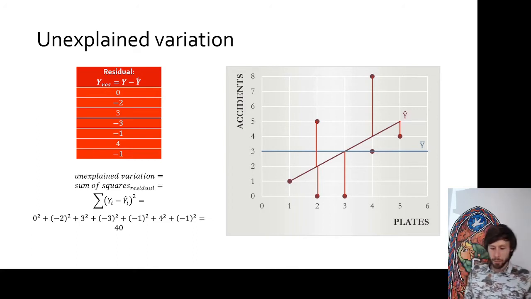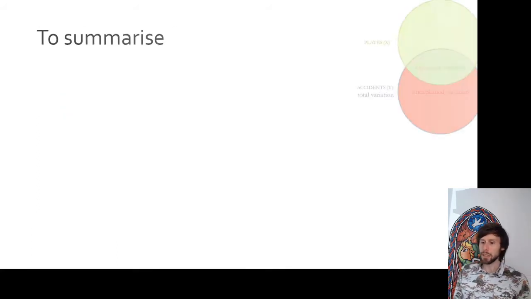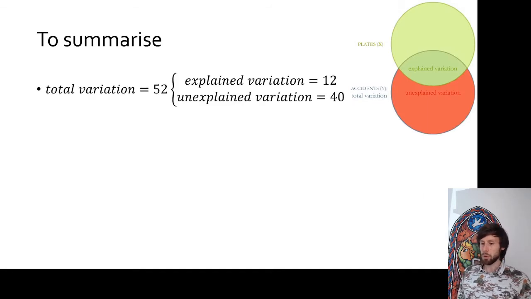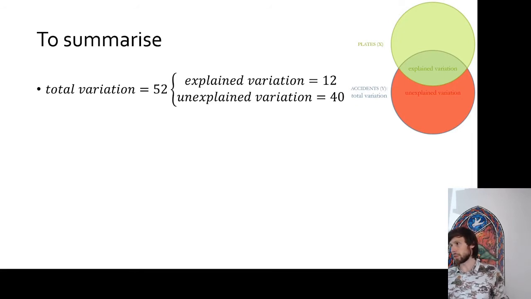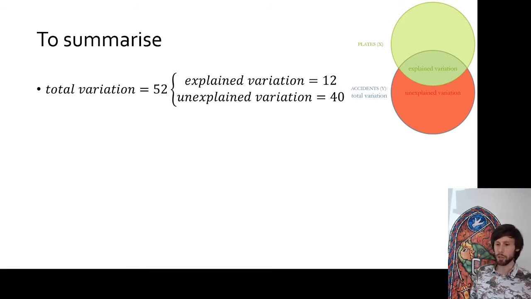Well, what we do with them in the end is the following. We can now say, if you look at the three outcomes you got, then it turns out that the total variation can be perfectly split up into two parts that don't overlap each other. It turns out that the total variation of 52 is the same as the explained and the unexplained variation added together.